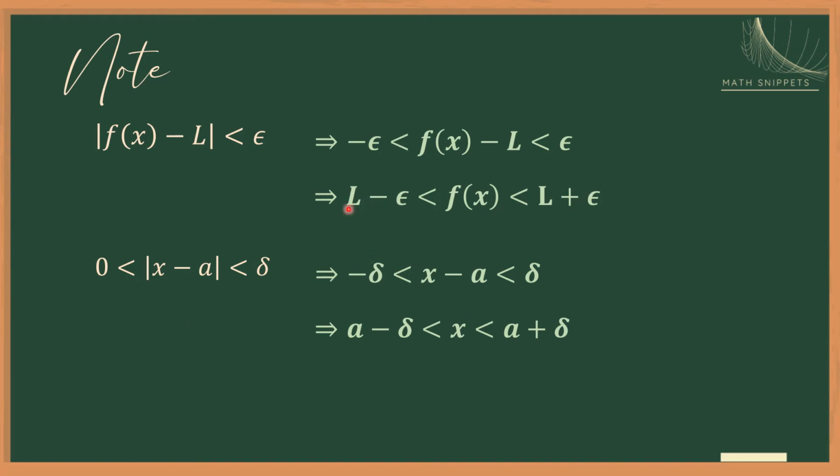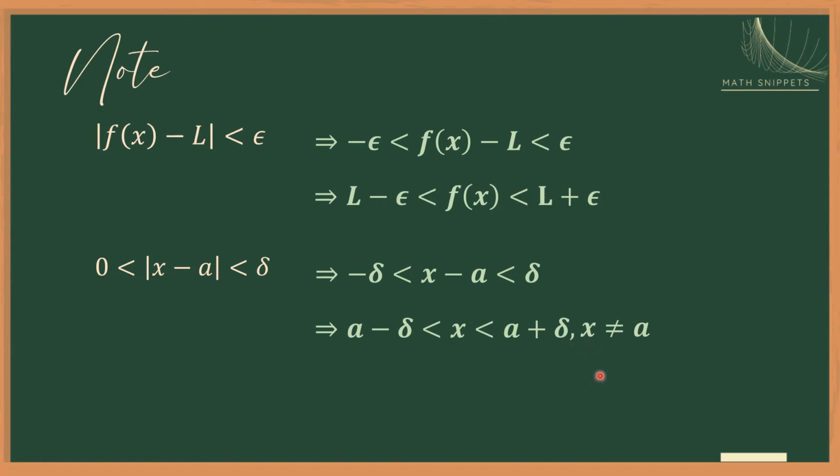What does this mean? This means that f of x is inside the interval L minus epsilon to L plus epsilon. And this part says that x is in the interval A minus delta to A plus delta.